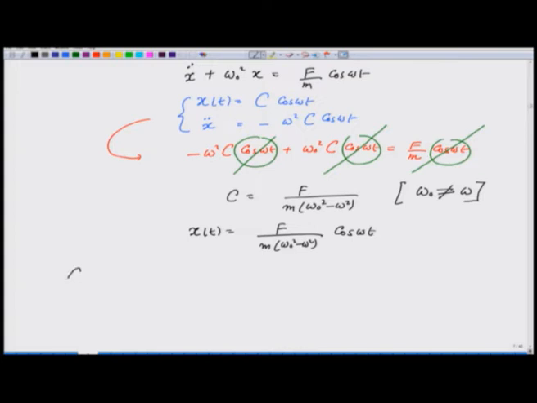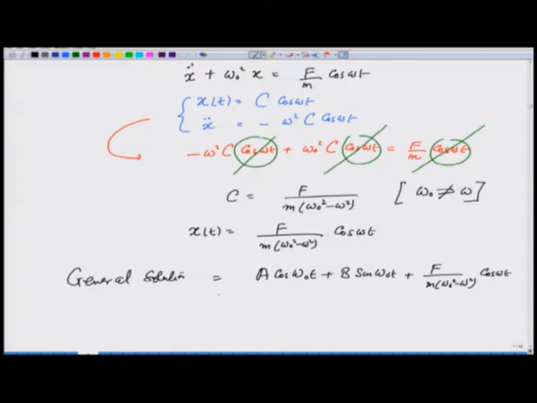The general solution is going to be a cosine of omega 0 t plus b sine of omega 0 t plus f over m times omega naught square minus omega square, times cosine of omega t.